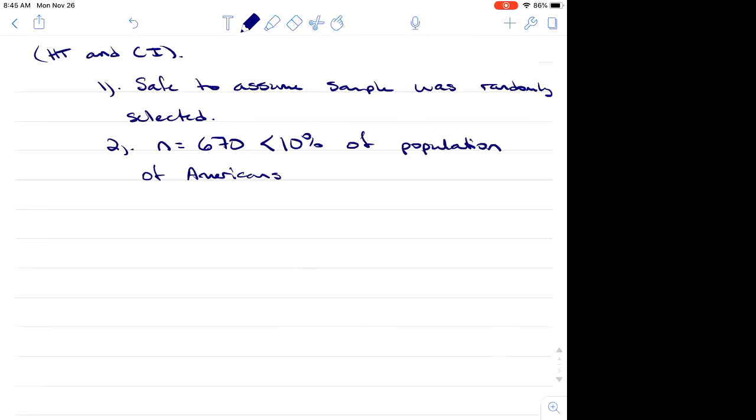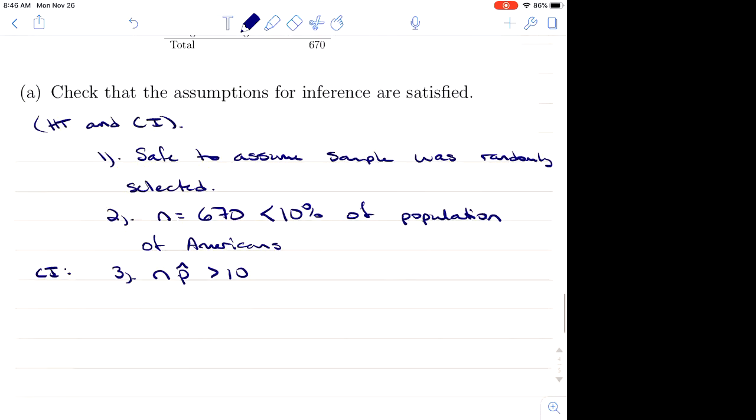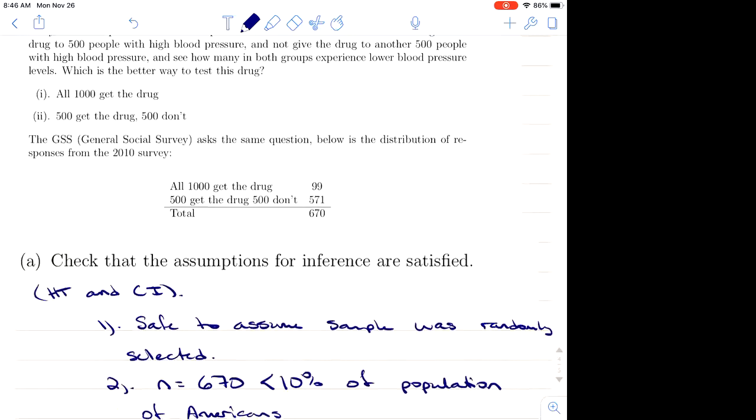So the third thing we're going to check is, let's check for the confidence intervals first. The n times p hat has to be greater than 10. N is 670, or really, we know the number of successes, right? We're talking about successes. How many people answered 500 get the drug and 500 don't, right?